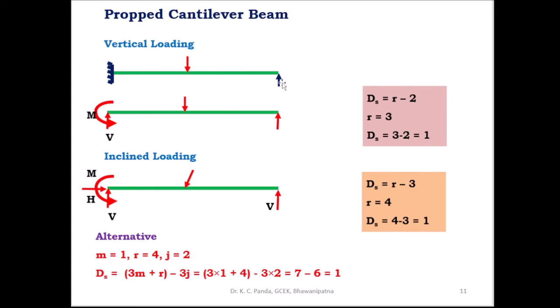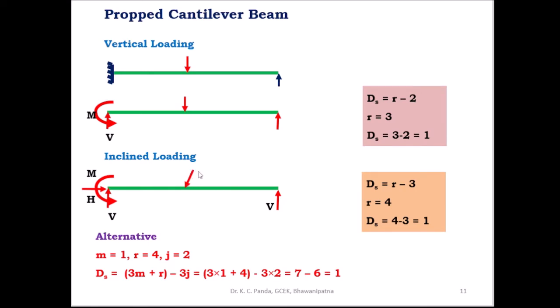At the supported end, only the vertical reaction. Here there are three reaction components, r = 3. So the degree of static indeterminacy can be found using the expression ds = r - 2, and here r = 3, so ds = 3 - 2 = 1.